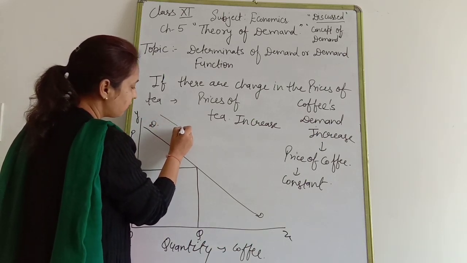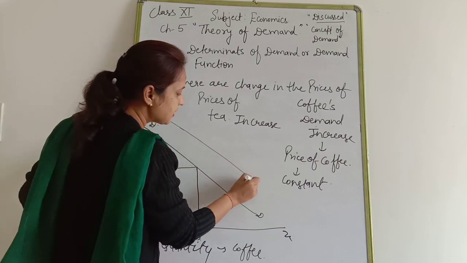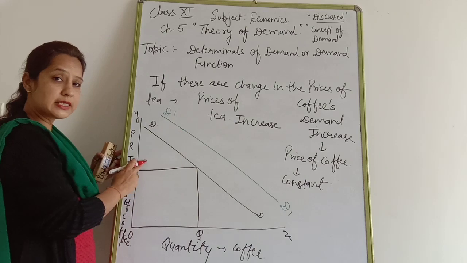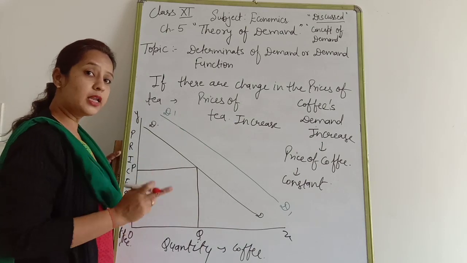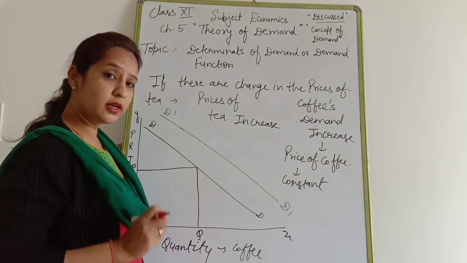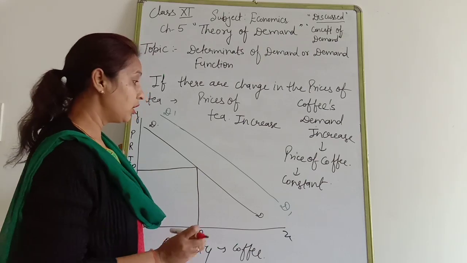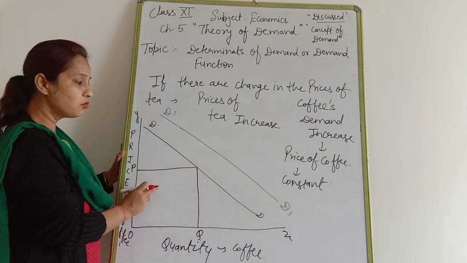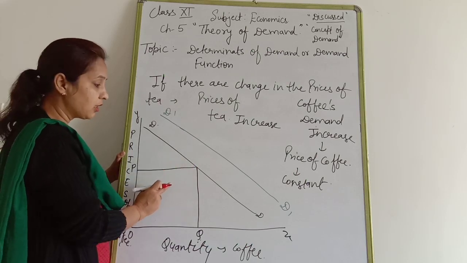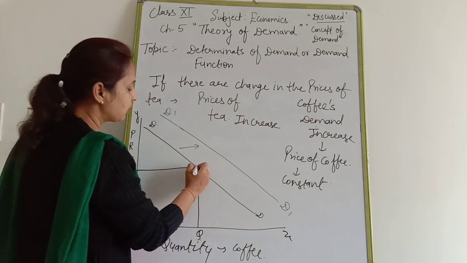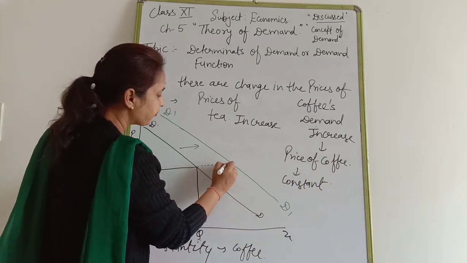Because prices are constant, if demand increases due to other factors rather than the price of its own commodity, then you have to shift your demand curve in which direction? Rightward direction. You can see very easily.